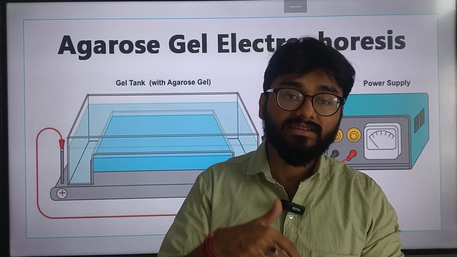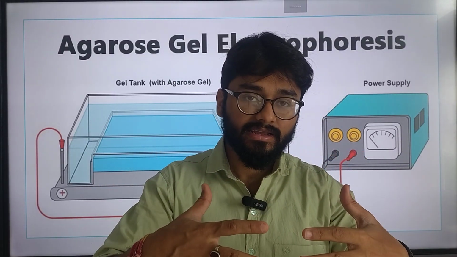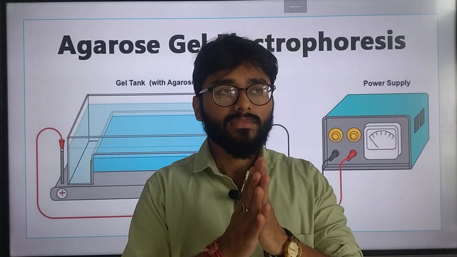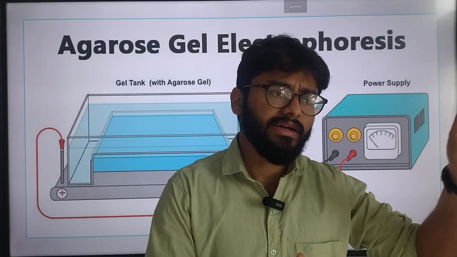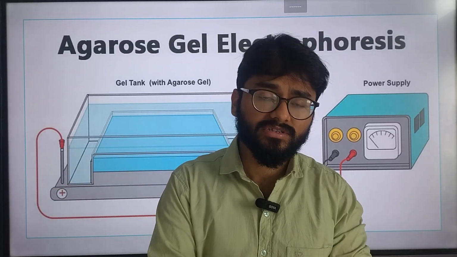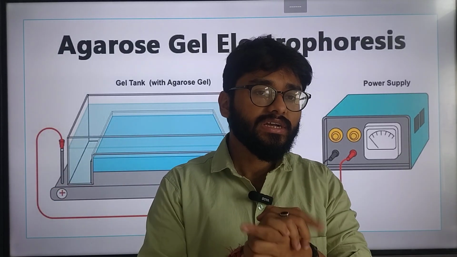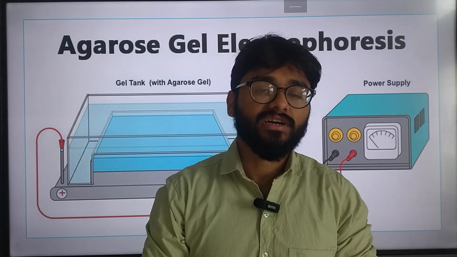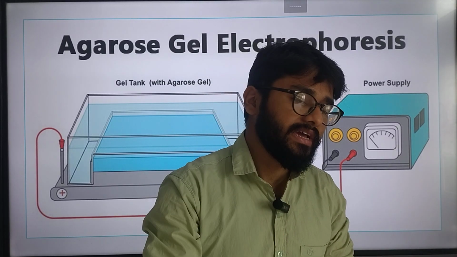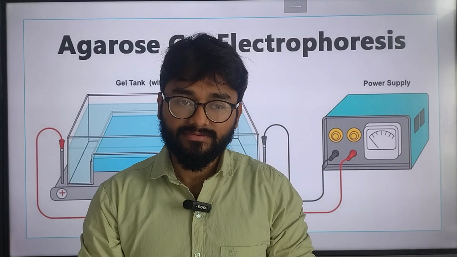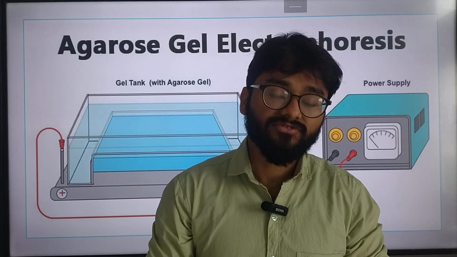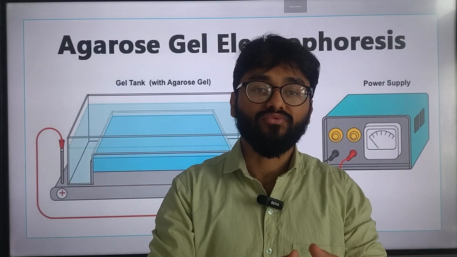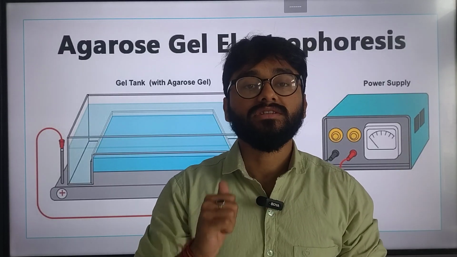In that electric field there must be a cathode and an anode, the positive and the negative halves. Can you tell me what the movement of this negatively charged particle will be? Will it move from positive to negative, or from negative to positive? It will move from negative to positive, because it is negatively charged and the negative electrode will push it towards the positive side.